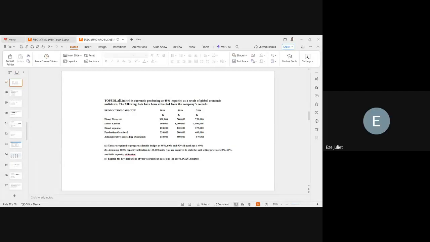That means fixed cost should be 220,000. No, that 220,000 is your total cost of production overhead at that activity level.